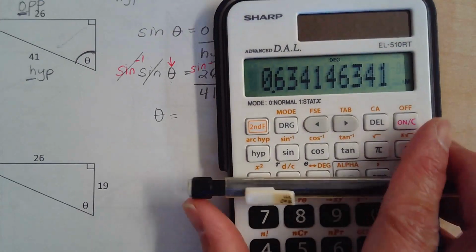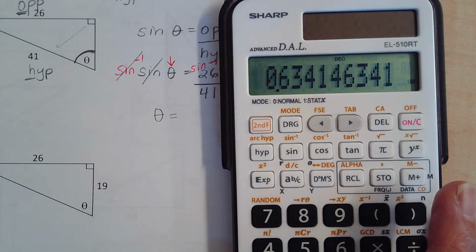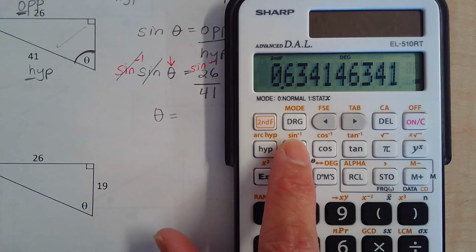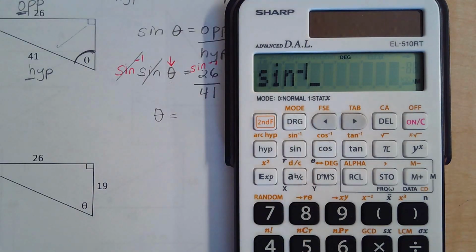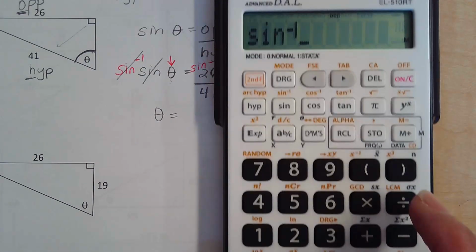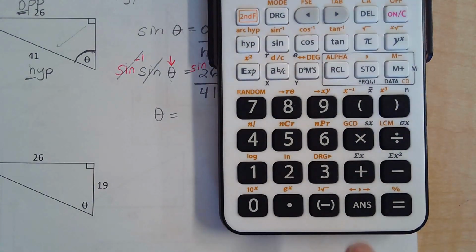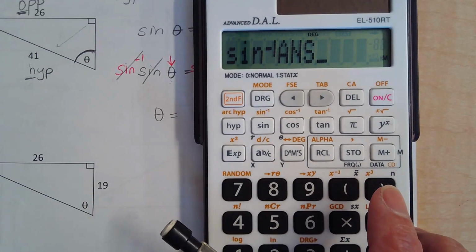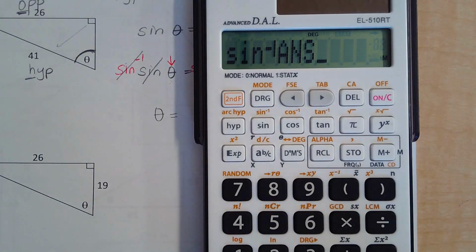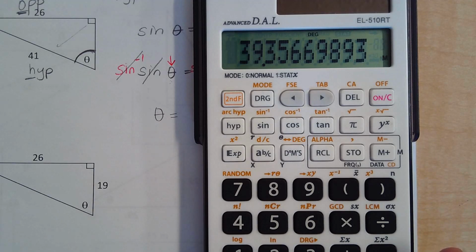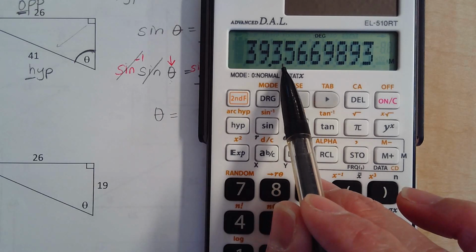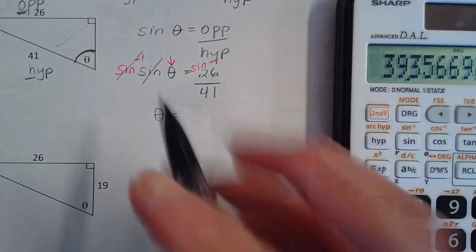So now from here, don't erase anything off. We're gonna take the sine inverse, second function, sine inverse of that answer. And then I think everybody has an answer button. So press the answer button. Sine inverse of the answer, and then press equals. It's gonna say it's approximately 39.36 degrees.